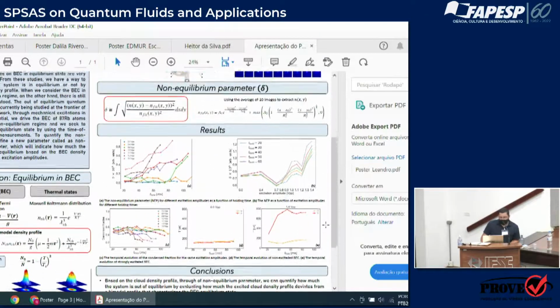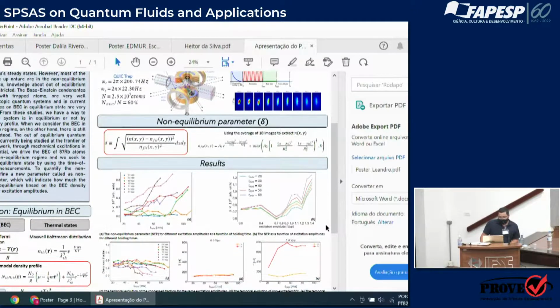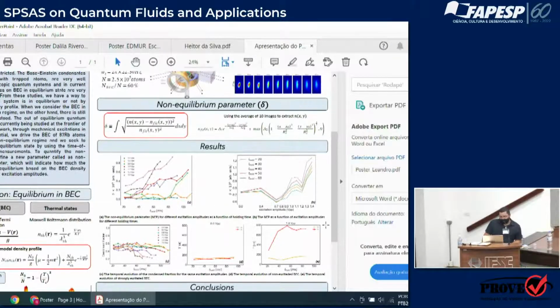Based on this, we define a new parameter, delta, that we will use to compare the real profile of the excited cloud to the bimodal fit. Then, as we increase the excitation amplitude, delta shows how far we are from equilibrium, and that is the idea of the work.